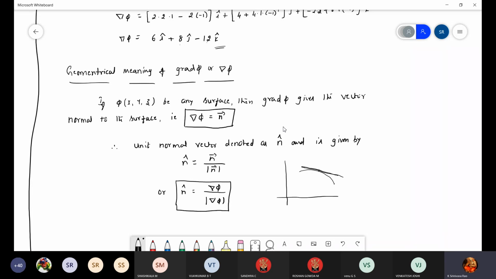A tangent is a straight line. It touches the curve at a single point.